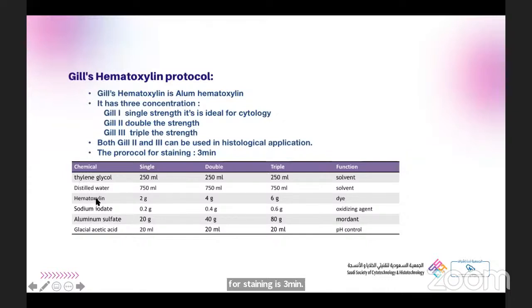Here, you can see there is more hematoxylin concentration in the double and triple: 2 grams in single, 4 grams in the double, and 6 grams in the triple. We use ammonium sulfate as a mordant and acetic acid as pH control.